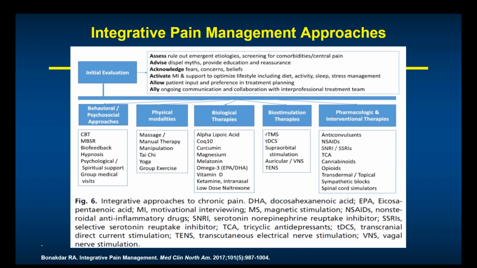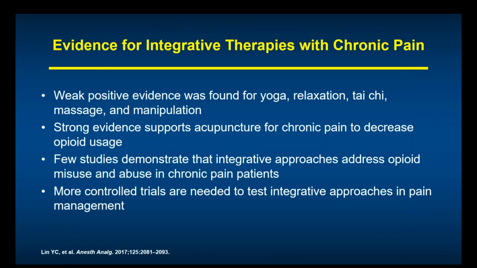So lastly, I want to leave you with the fact that there is evidence for integrative therapies with chronic pain, but the evidence is not strong, and we don't have really good evidence-based guidelines for integrative therapy. So everyone always wants to use them, but you have to really be careful in the population that you're using them with.